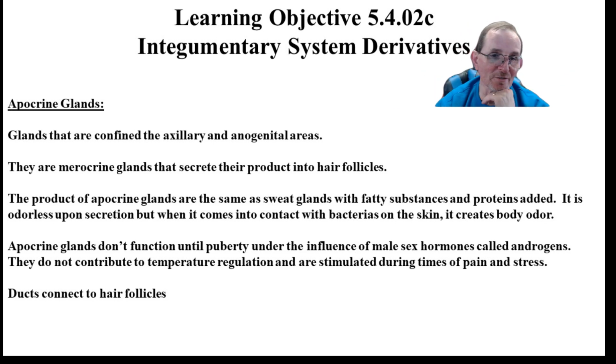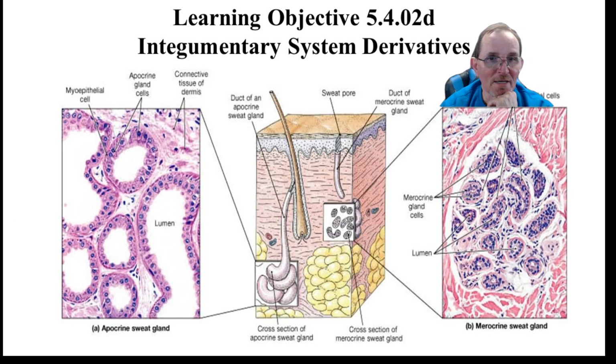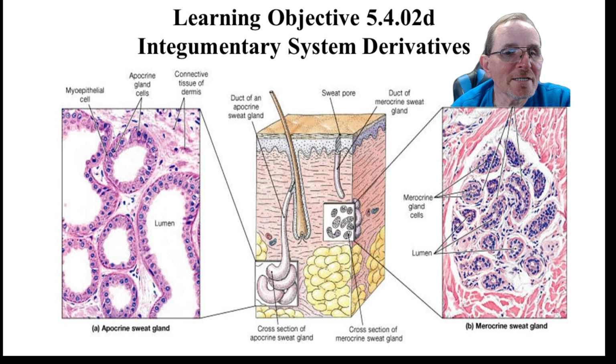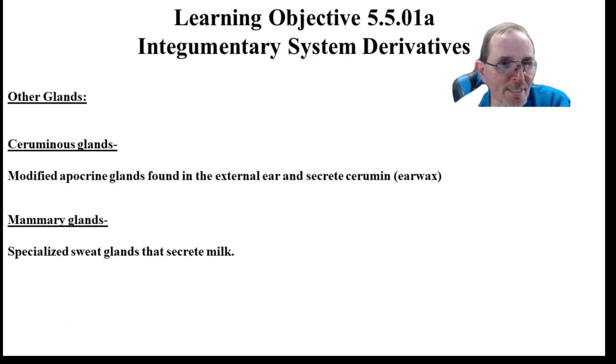Again, sympathetic nervous system, guys. Okay, there's those myoepithelial, there's apocrine glands, and again, another thing showing the apocrine. Both of these are merocrine, but as far as the way they actually push it out.